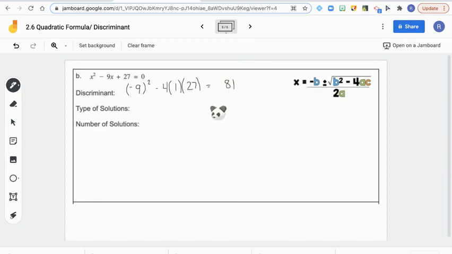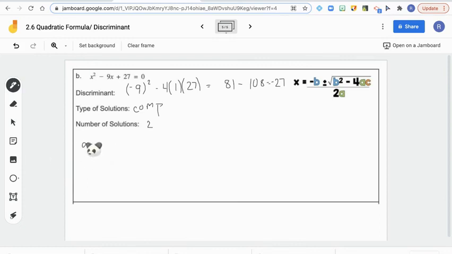And 4 times 1 times 27 is 108. Which means our discriminant is going to be, let's see, negative 27. And because it's negative, we're going to have complex solutions. But there will be 2 of them.